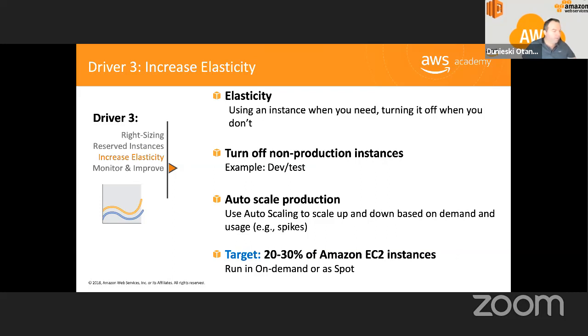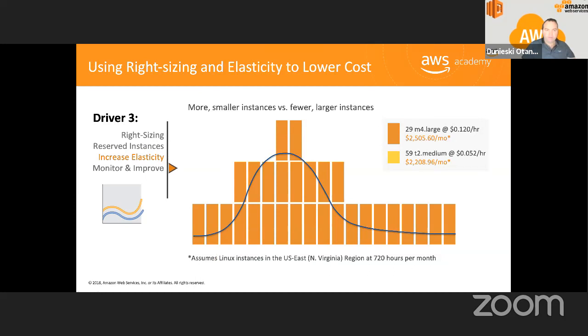So the rule of thumb here is that you should target 20 or 30% of your Amazon EC2 instances running on demand or spot, and you should be looking to maximize elasticity within this particular group, on demand or spot.